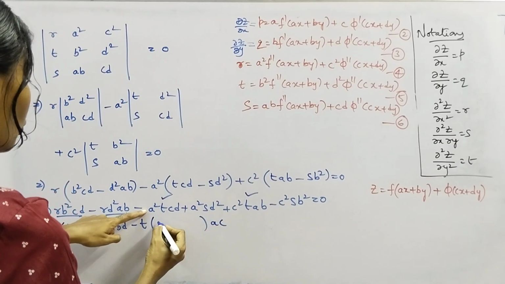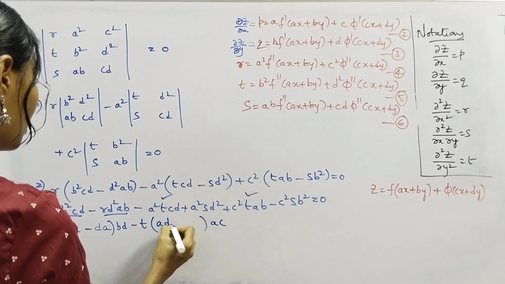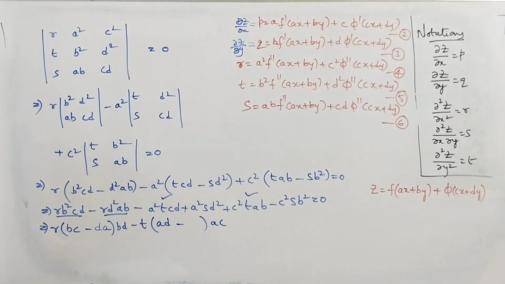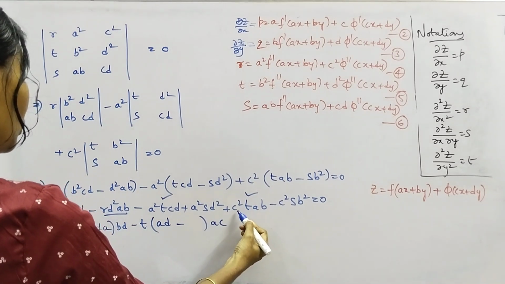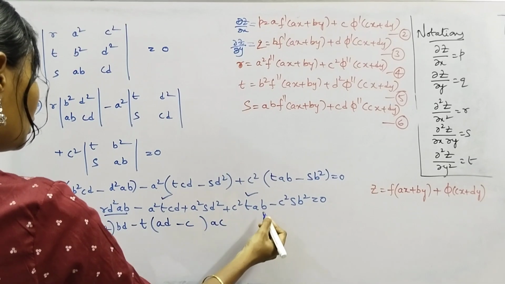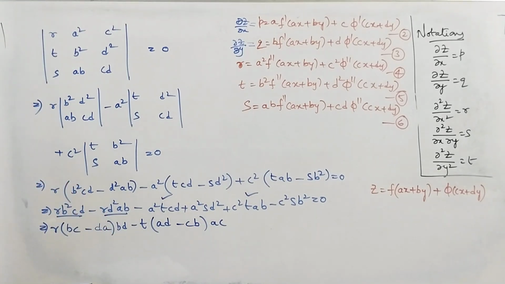Then you'll get (ad) plus (bc) minus... I'm just trying to write it in a pattern form.